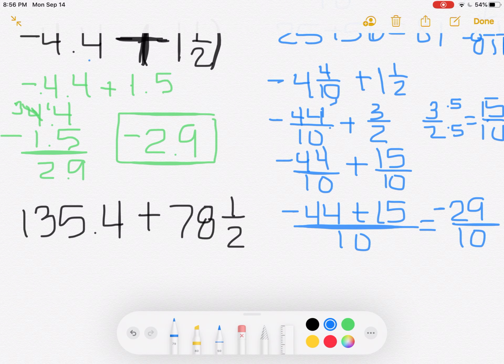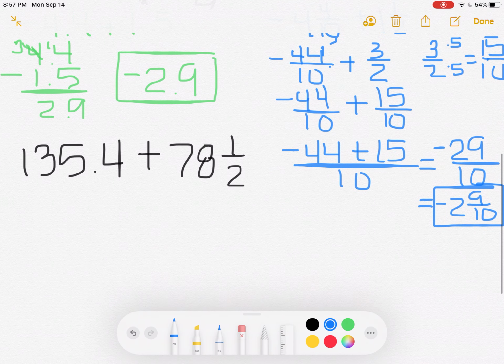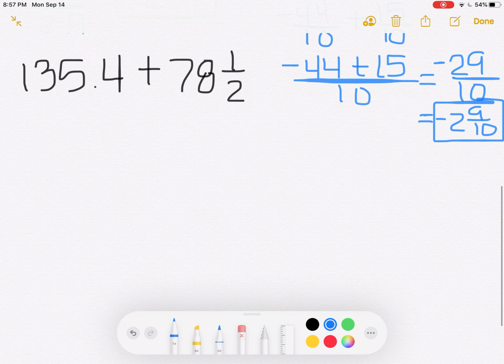Notice the negative 44 is bigger than 15, so we have to take the negative from the 44 to make that negative 29 tenths. And when we rewrite this as a mixed number, this is negative 2 and 9 tenths. Notice our answers here are equivalent. Negative 2.9 and negative 2 and 9 tenths are the same. All right, and then this last one is for you to try.